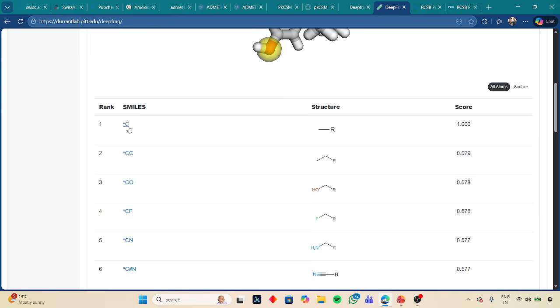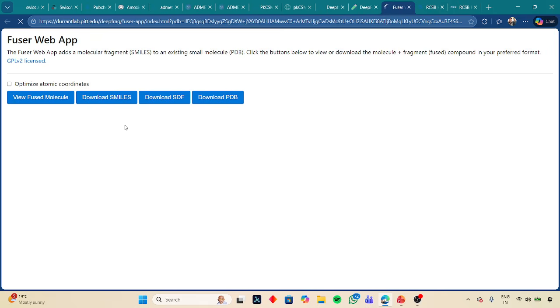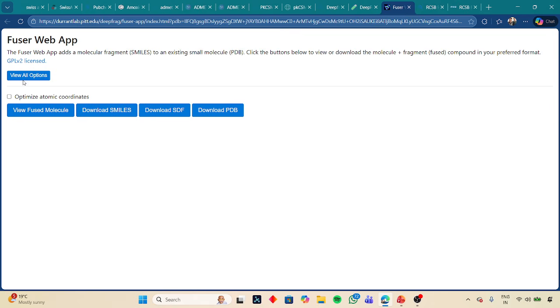Now go to the files and click on this one, and it will show you. So we can optimize the atomic coordinates and download the SMILES. And we can view the fused atom molecule, that is the optimized molecule.